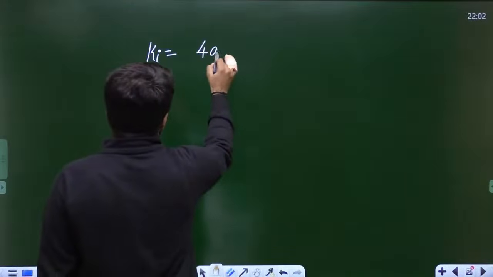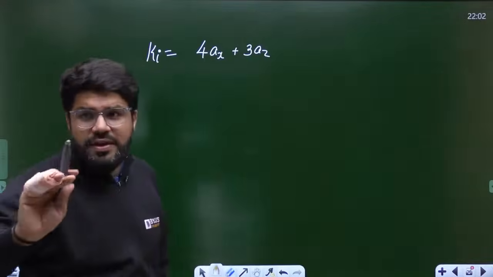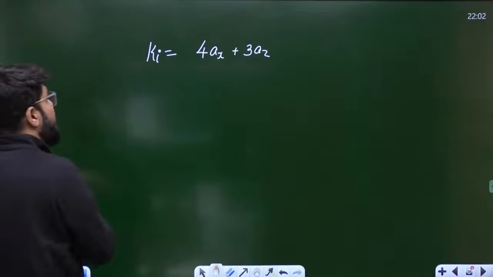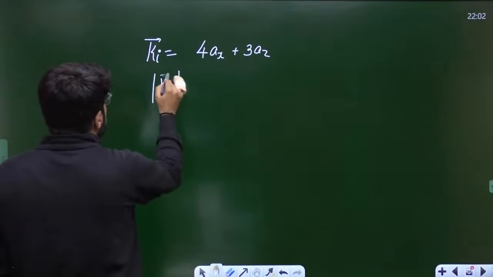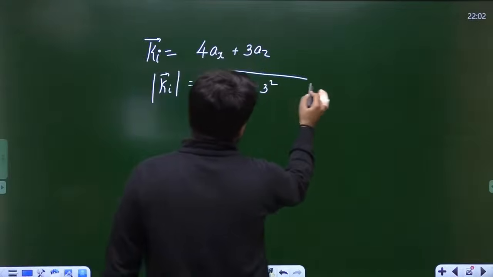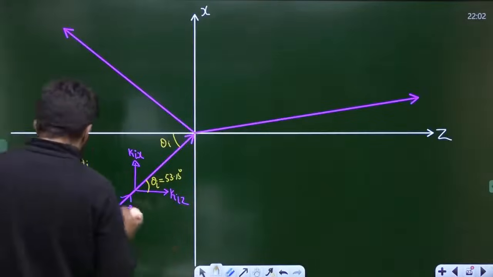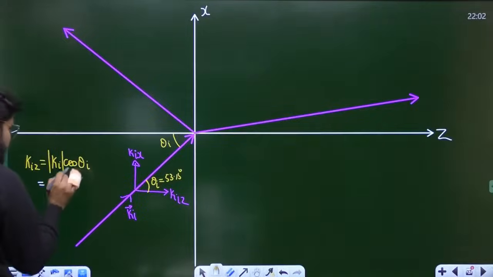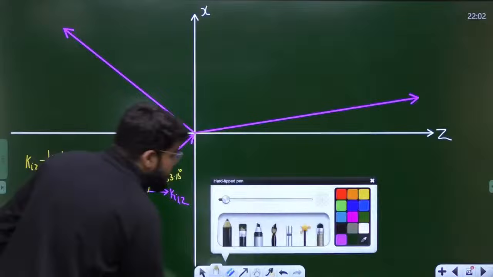KI is actually already calculated, but I want to show you the resolution case and then I will come back to KR and KT. What is the modulus of this vector? It is the square root of 4 square plus 3 square, which is equal to 5. So this is equal to 5 cos of 53 degree, which is 3 by 5, and this is equal to 3. Z component should be 3.